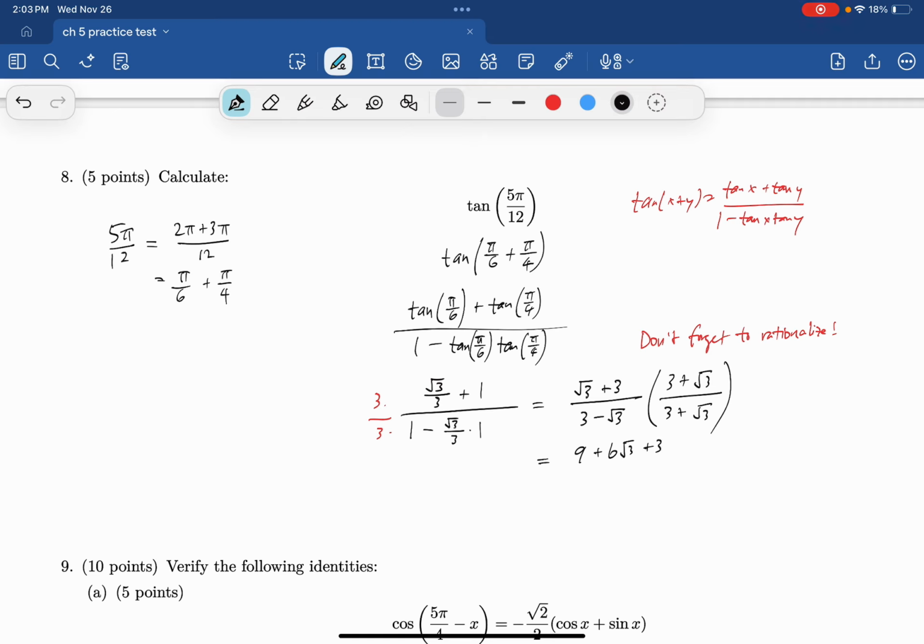All right, I just use a squared plus 2ab plus b squared. You can confirm with FOIL. And then the bottom is going to become 9 minus 3, just by difference of squares. So that leaves me with 12 plus 6 root 3 over 6 equals 2 plus root 3.